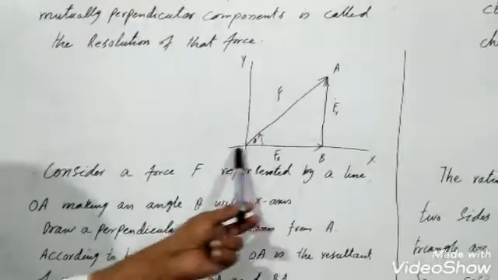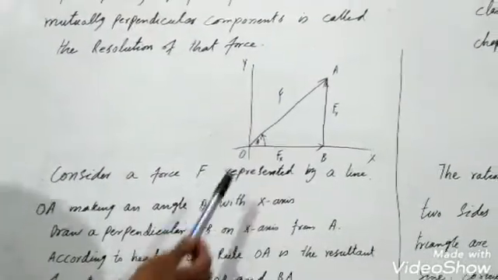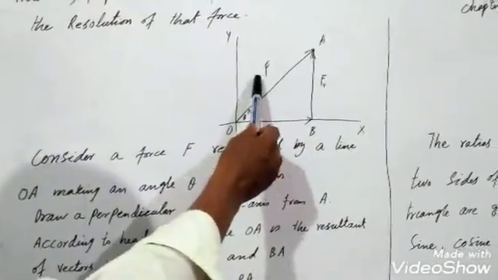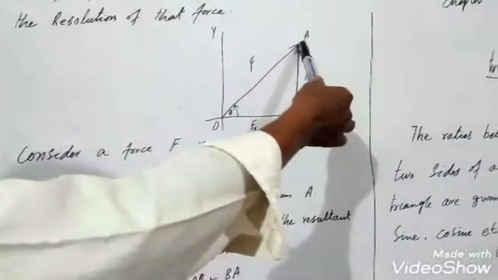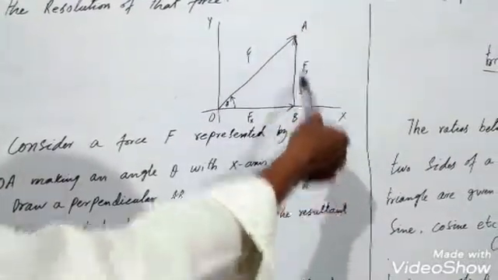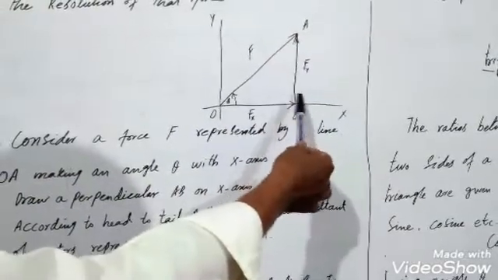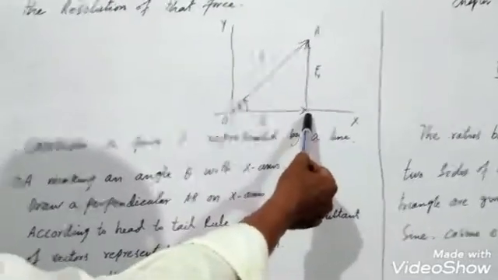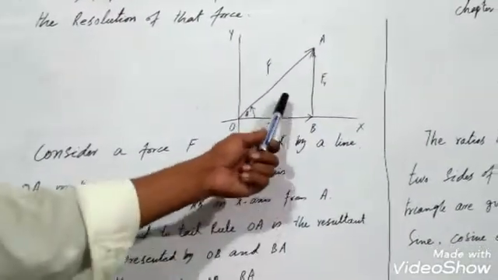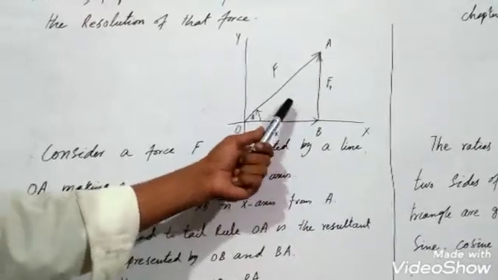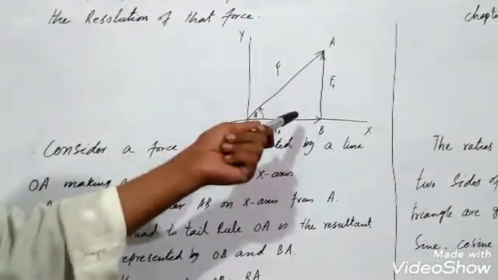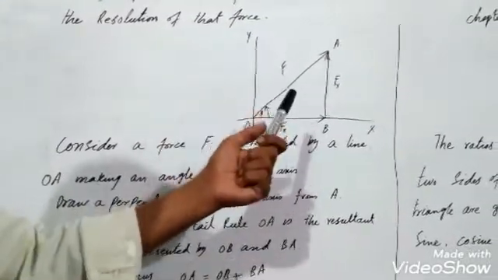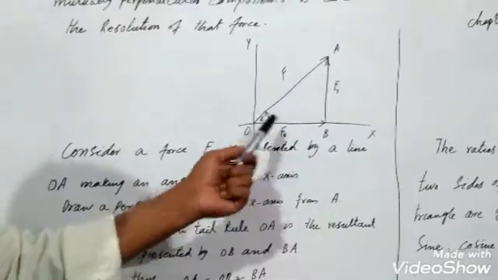This is the y-axis and x-axis. So draw a line OA which represents a force F. If we draw a perpendicular from A to the x-axis, which is known as AB, and by joining O to B, we have two parts. For addition of vector forces, we have a graphical method which is known as the head to tail rule.